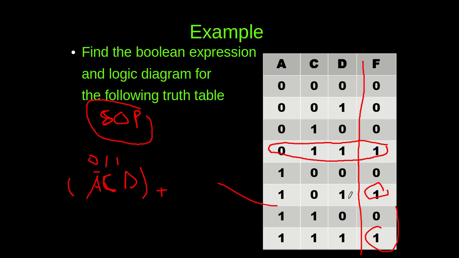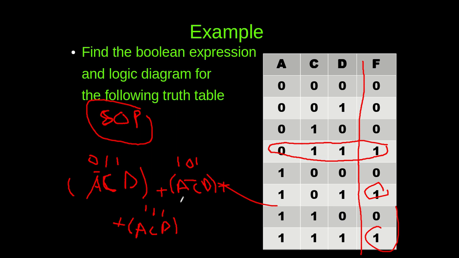And I'm going to look at the other one where I have 1, 0, 1, which is A, and C now is 0, so I'll do the complement, and D is 1. I only have 3 ones, so I have 3 equations, and I add them all together. 3 products, and I sum them together. That's why it's called sum of products. I have 1, 1, 1, which means A, C, D.